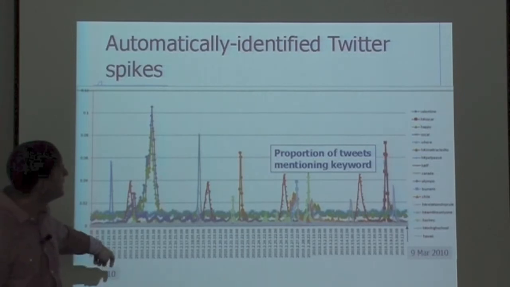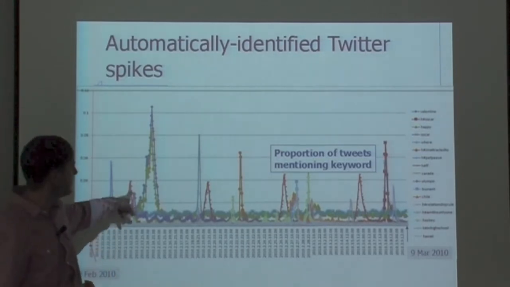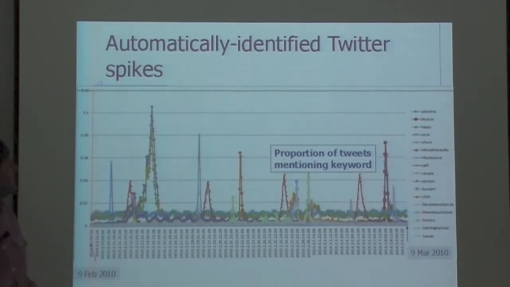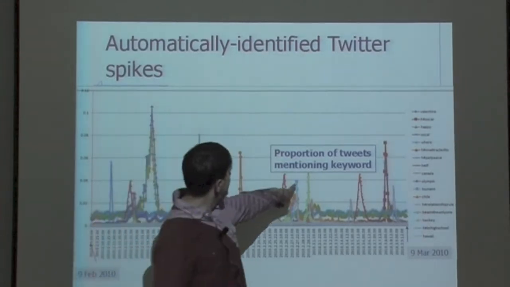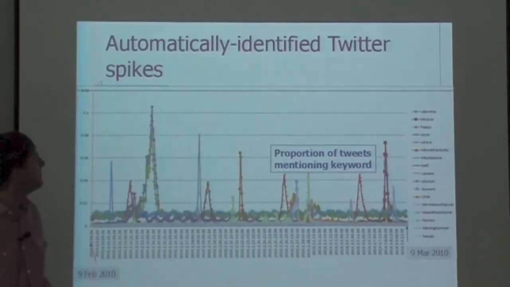So, for example, there's one related to the start of the Olympics in 2010. There's one relating to a tsunami that occurred at one stage. And some things are related to specific calendar events like Valentine's Day, so the word Valentine spiked. And some of them are internet memes.